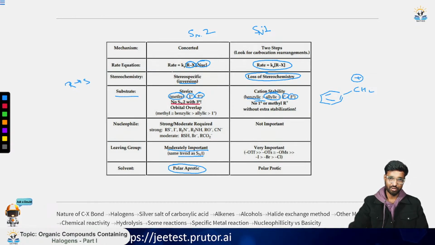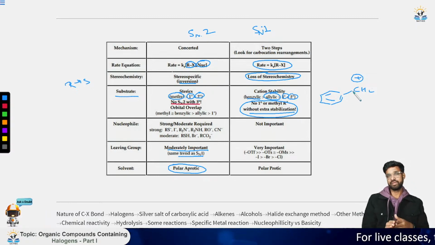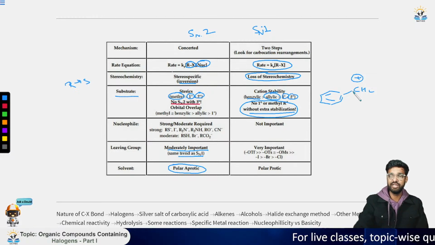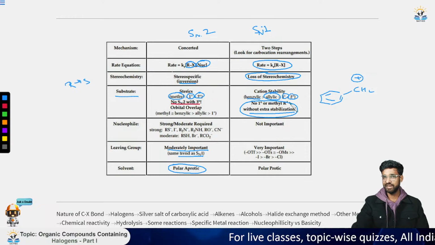No 1 degree or methyl can undergo SN1 unless there is extra stabilization from an oxygen group. So suppose we have an electron donating group on the side of this 1 degree, then in that case it can go through SN1.